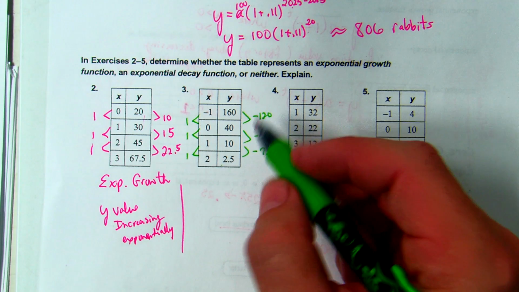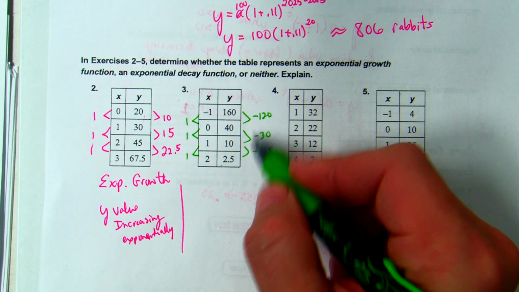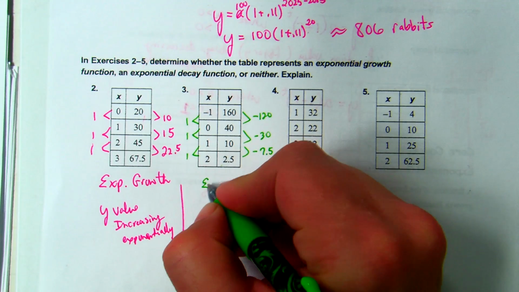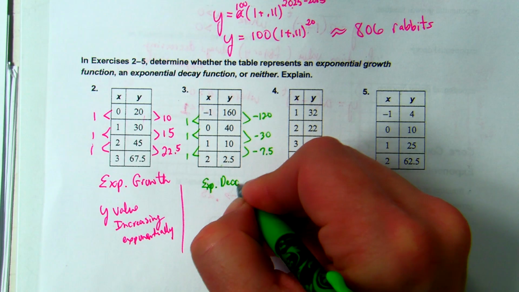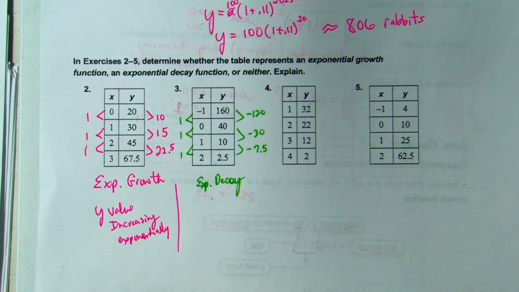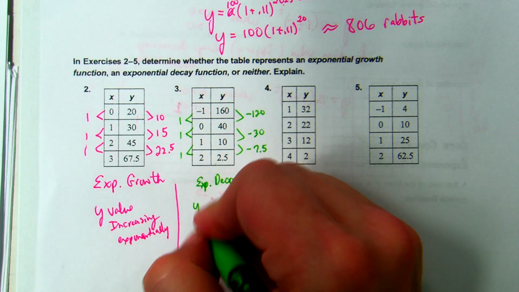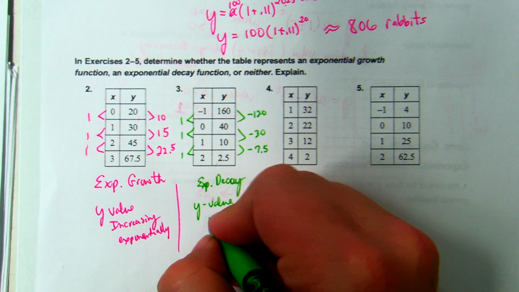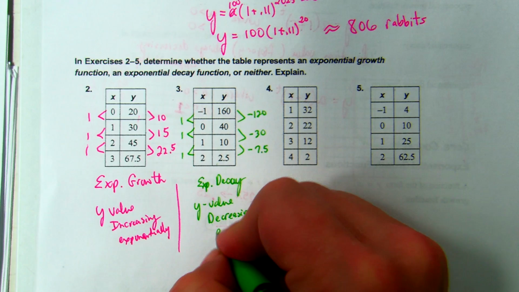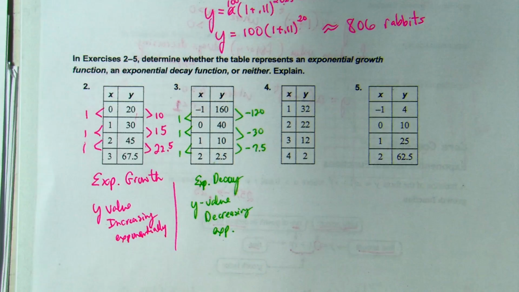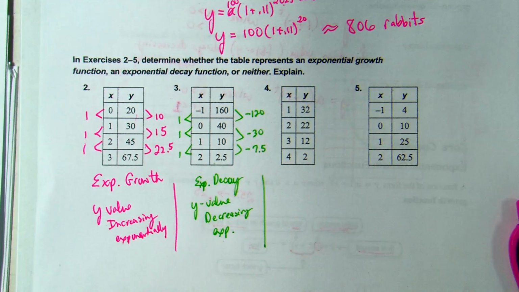It's not a constant rate, is it? No. So this is exponential decay. Exponential decay, and again, the y value is decreasing exponentially. I'm going to abbreviate that too, just for the sake of space and time.